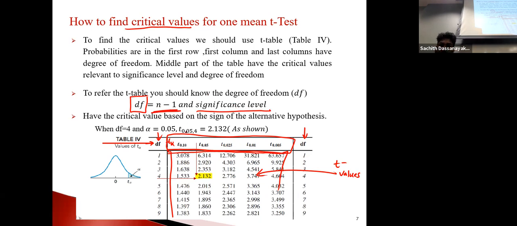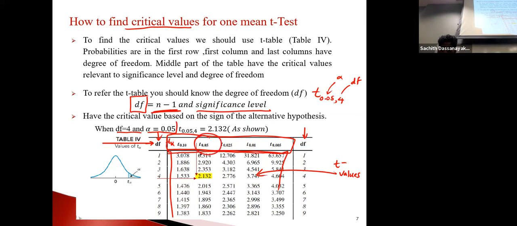T value. Let's assume that degrees of freedom is 4 and alpha is 0.05. So I can write it as T 0.05 comma 4. 4 is the degrees of freedom, this is df. This is your alpha. That's the order: first alpha, next degrees of freedom. So where is this T 0.05?